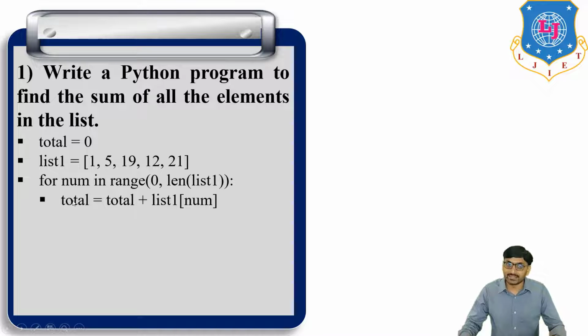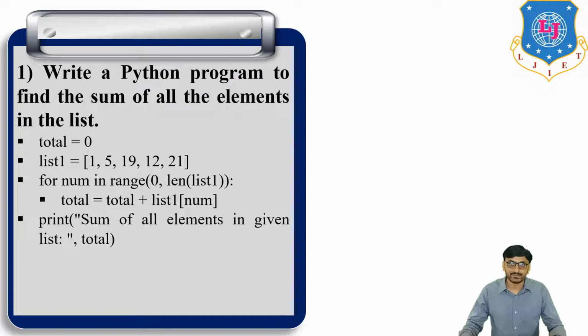Now the third iteration, in the same way the fourth iteration and the fifth iteration. Clear? So we add all elements of list1 by this loop. First, second, third, fourth, fifth. And then the final value of total after the final iteration is printed.